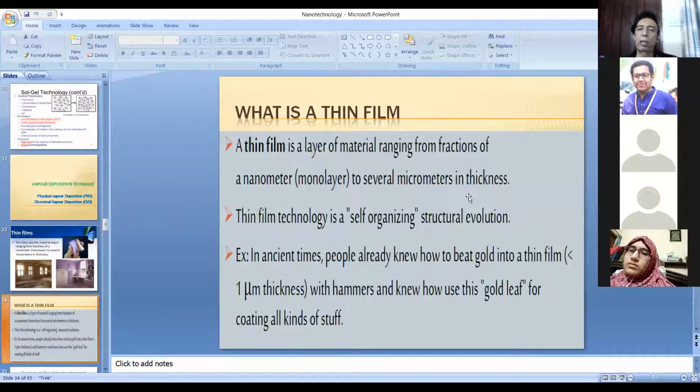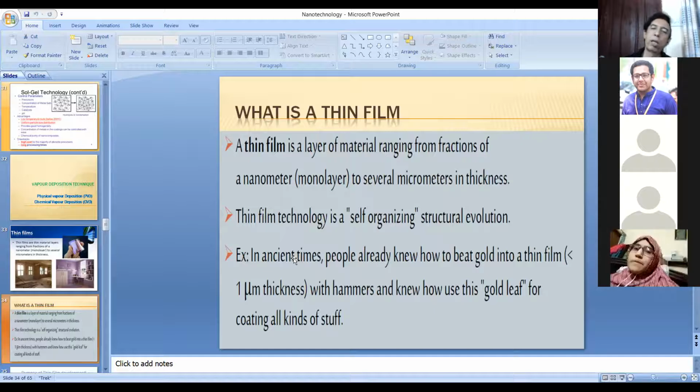Second is how a thin film can be made. A thin film technology is a self-organizing structural evolution. That means this film is made by the self-organization of the elements. From ancient times, people already knew how to make the thin film.